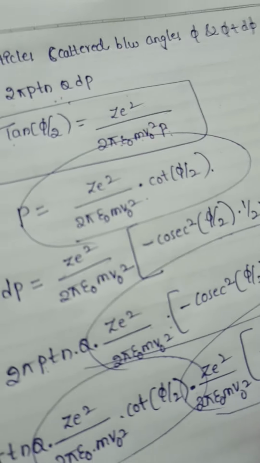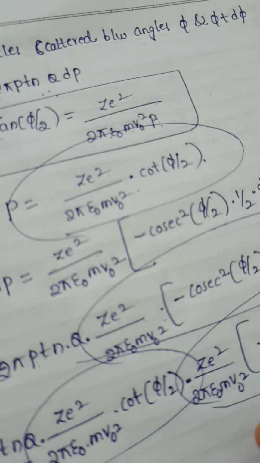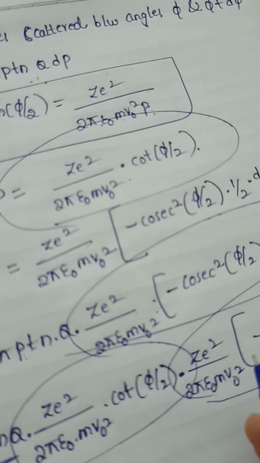Now all the particles will strike the screen within a circular annulus. Here all the particles are striking the screen within this circular ring only. Other than that circular ring, no alpha particle will be moved to another side.